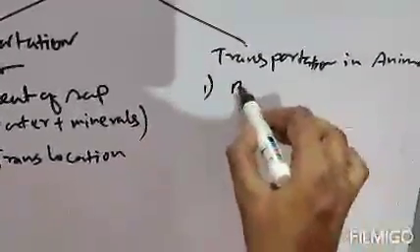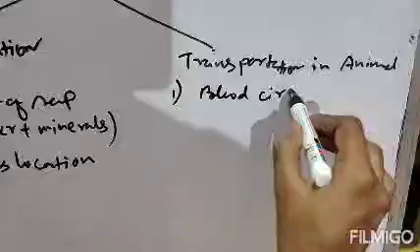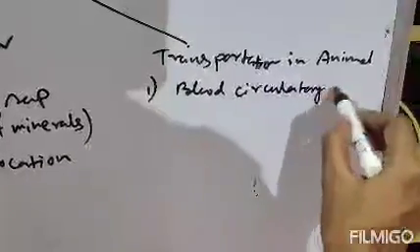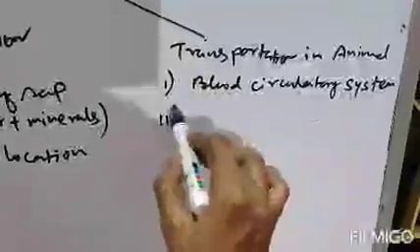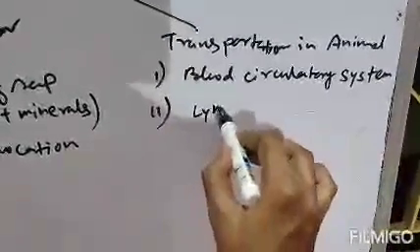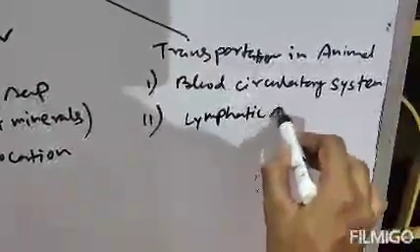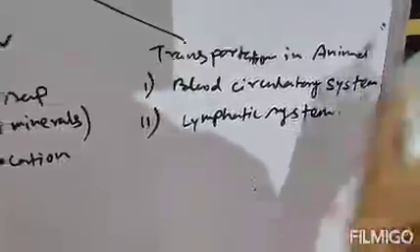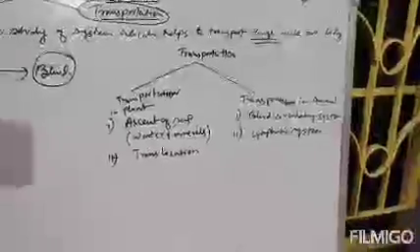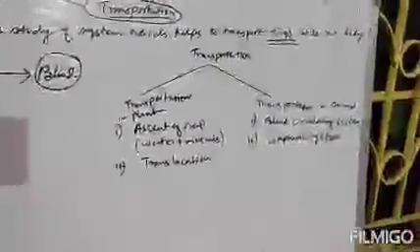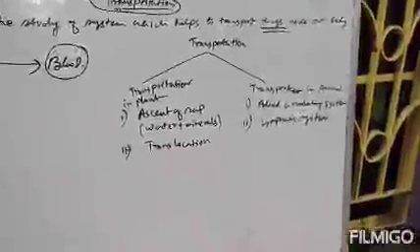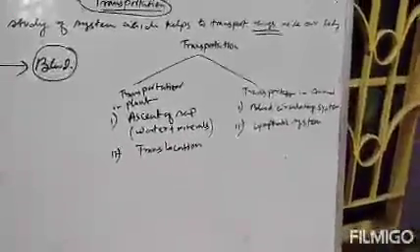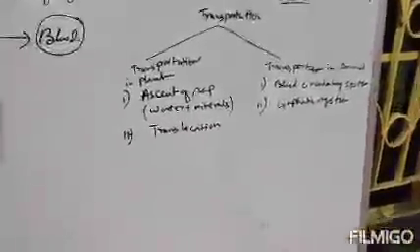One is the blood circulatory system, and the other one is the lymphatic system. So there are two parts, transportation in plant and transportation in animal. Transportation in plant has two ways: one is ascent of sap, that is water plus minerals, and one is translocation.